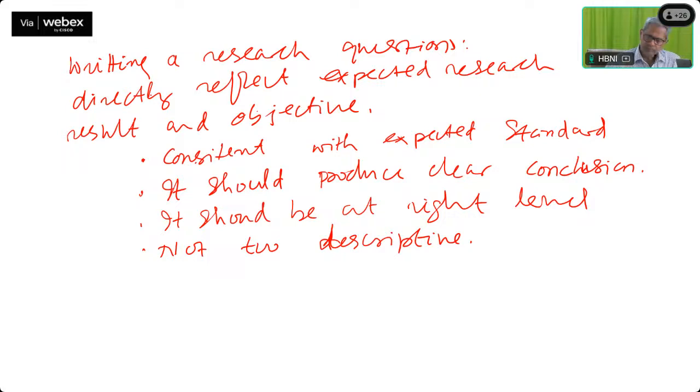How can you find out your research question is just right for you and it is consistent with the above points, like it is consistent with expected standards? It should produce a clear conclusion. It should be at the right level, not too descriptive.